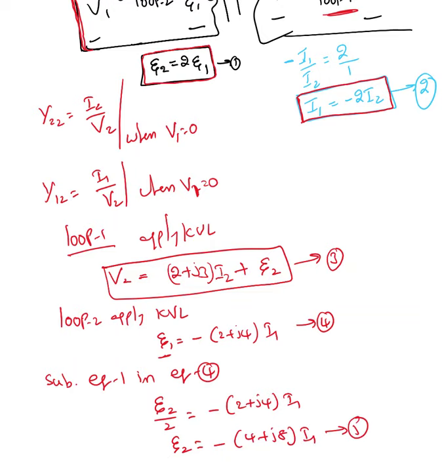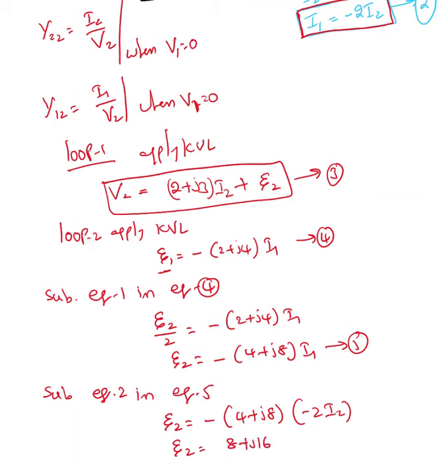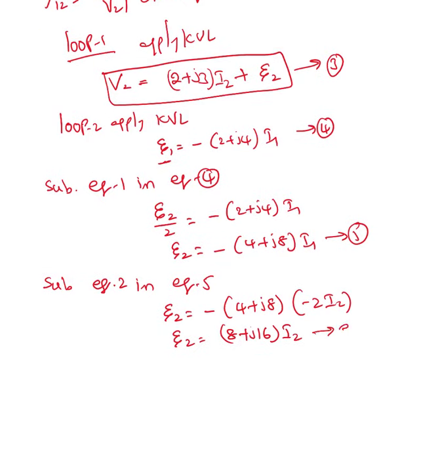I'll label this equation 5. Now I replace I1 using equation 2, substituting equation 2 in equation 5: E2 equal to minus 4 plus J8 times minus 2I2. The minus minus cancels, so E2 equal to 8 plus J16 I2. I'll label this equation 6.